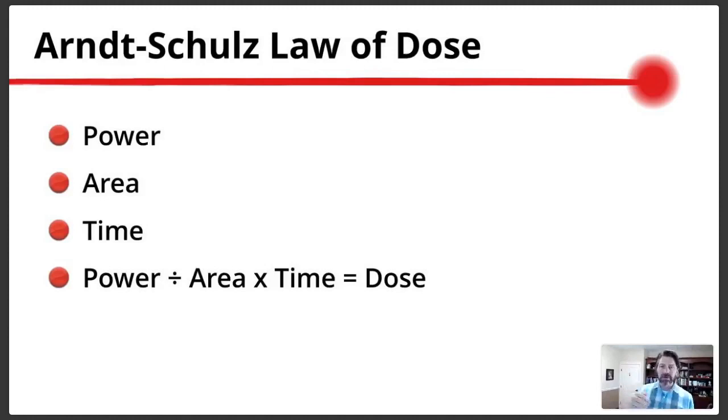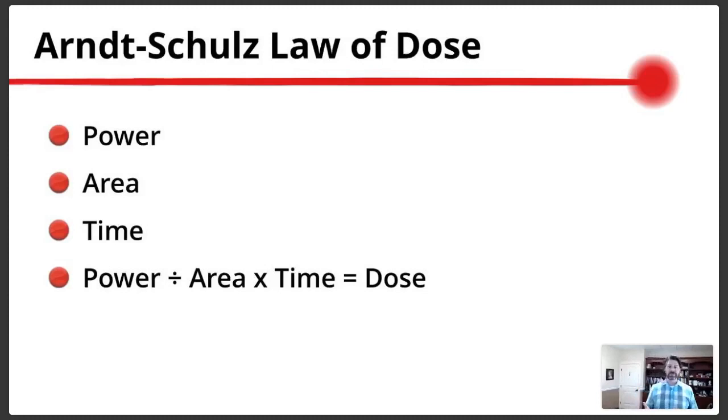And then the longer you do it, the more dose that spot is getting. So if you spread power over a very large area and you want to increase dose, you're going to increase time because any particular spot is getting a small dose, but it's cumulative. The longer you treat, the more energy is deposited in each cell.